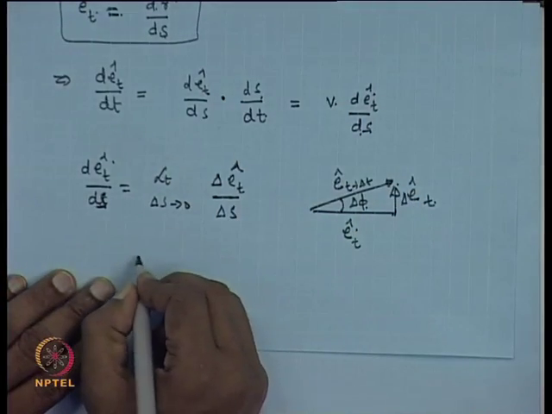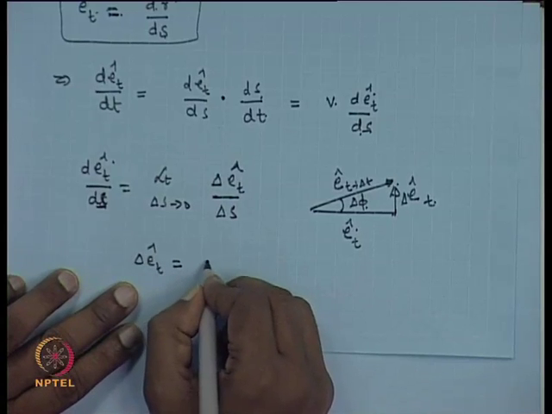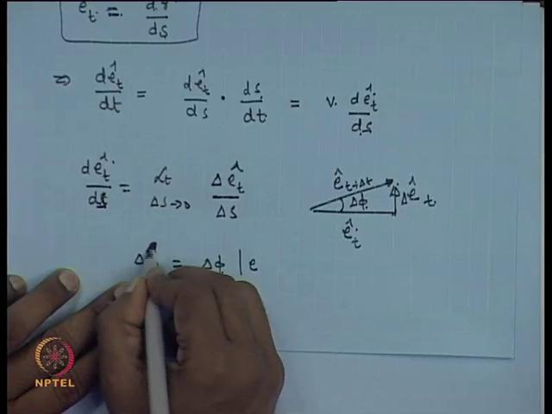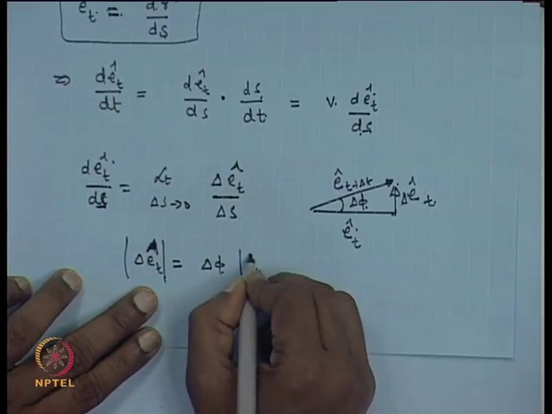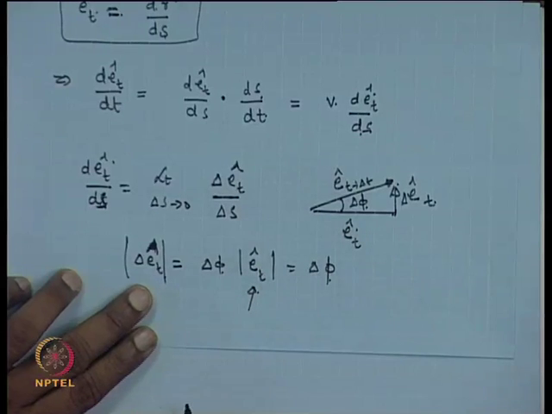So, delta Et cap can be written as delta phi times the magnitude of delta Et cap, which is equal to 1. So, this becomes delta phi.